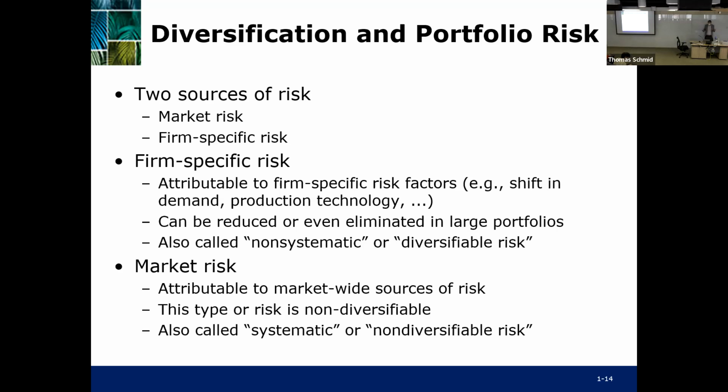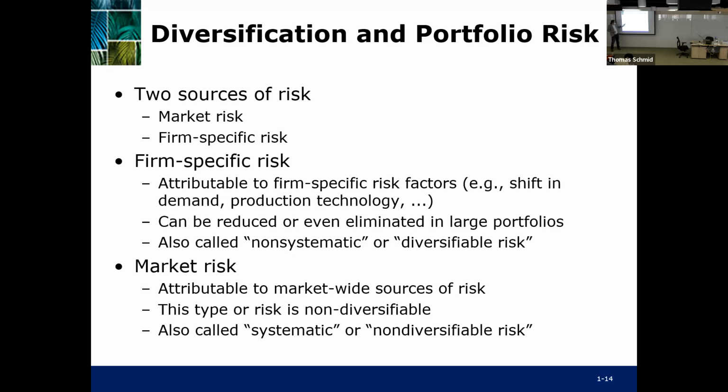Market risk, contrary to that, affects all firms in the market at the same time. So market risk is called systematic or non-diversifiable risk, and firm-specific risk is called the non-systematic risk. And it's non-systematic because it only affects a few firms.